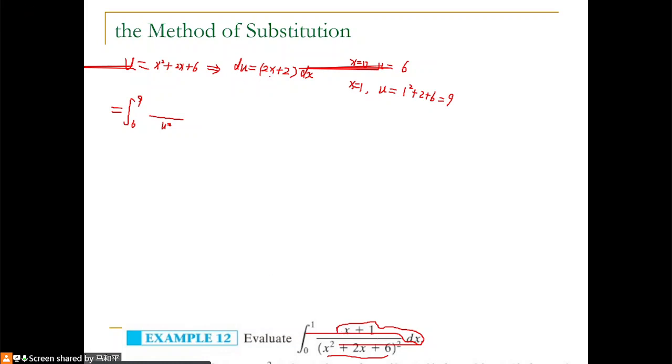We write this is equal to 2 du over 2, so it's du over 2, it's 1 over 2 du. So we write the integral is equal to 1 over 2, from 6 to 9, u to the power minus 2 du. And this is 1 over 2 times minus 1.